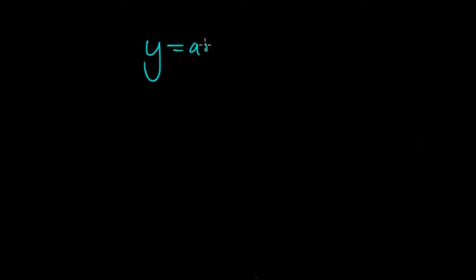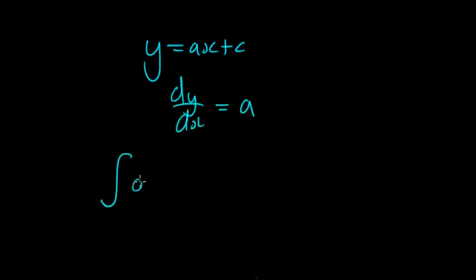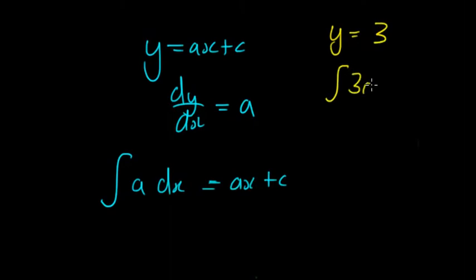y is equal to ax plus c. So this is just a general equation. If we find dy dx, this is equal to a. So that means when we integrate a dx, we're going to get ax plus c. So that means if we have y is equal to 3, then we anti-diff 3 dx, we're going to get 3x plus c.